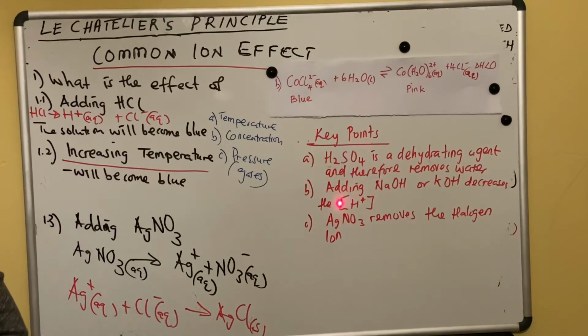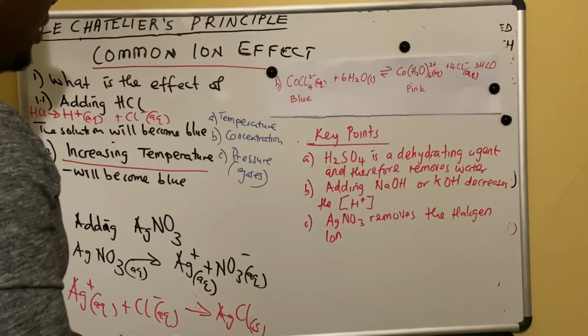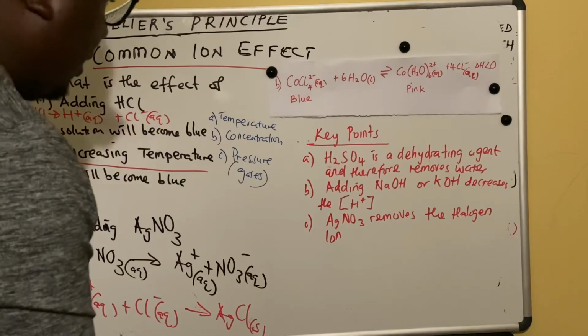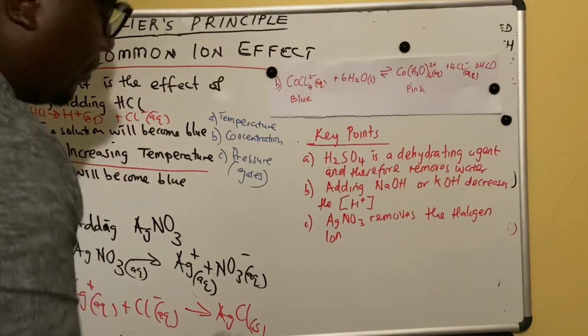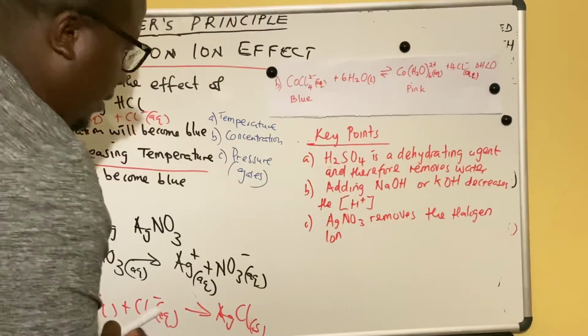Sometimes we can add strong bases like sodium hydroxide and potassium hydroxide. So what do these ones do? When we add a base like sodium hydroxide in a solution, it is going to dissociate like this.